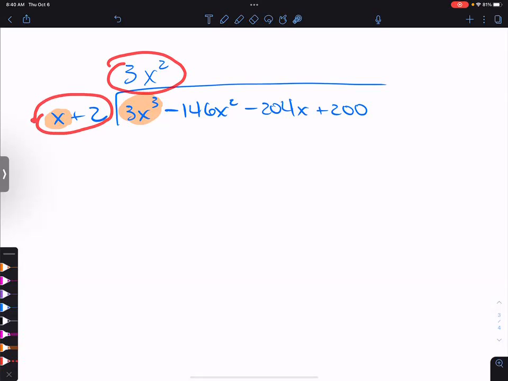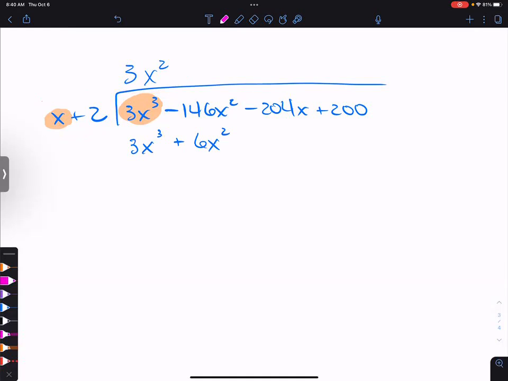Multiply those things: 3x cubed plus 6x squared. And subtract. When you subtract there, the leading term should fall off, right?